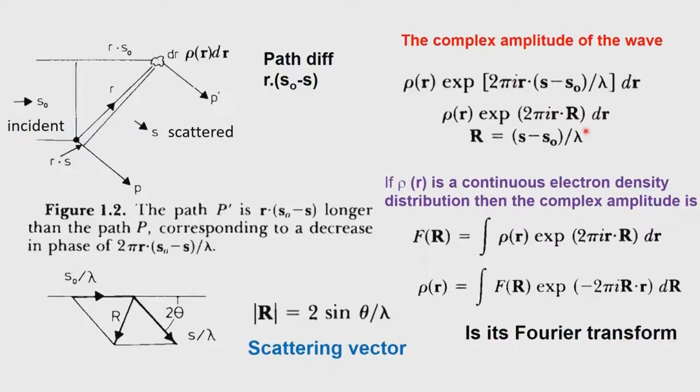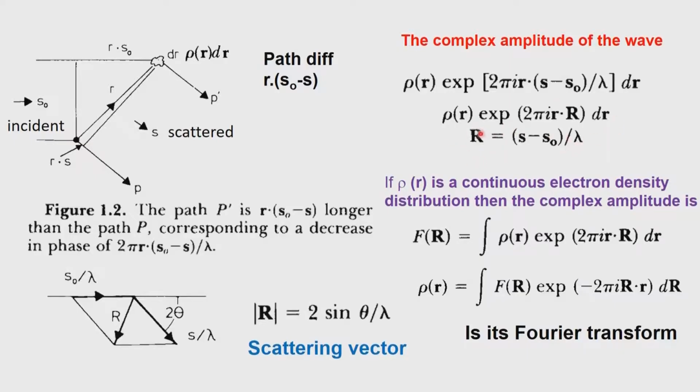The difference s minus s naught is also a distance. So, therefore, we now replace s minus s naught by lambda by a value capital R, and this capital R is referred to as the scattering vector. So, this quantity R has dimensions of reciprocal length.